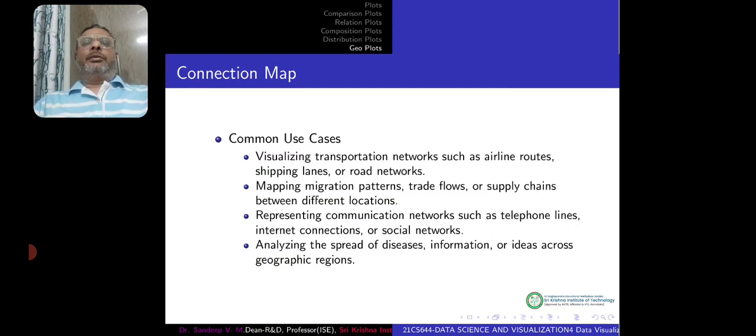From there, it moved to other neighboring parts and so on. So this whole thing we could show using the connection map. How the disease is being spread can be very easily made available through this visualization technique called the connection map.